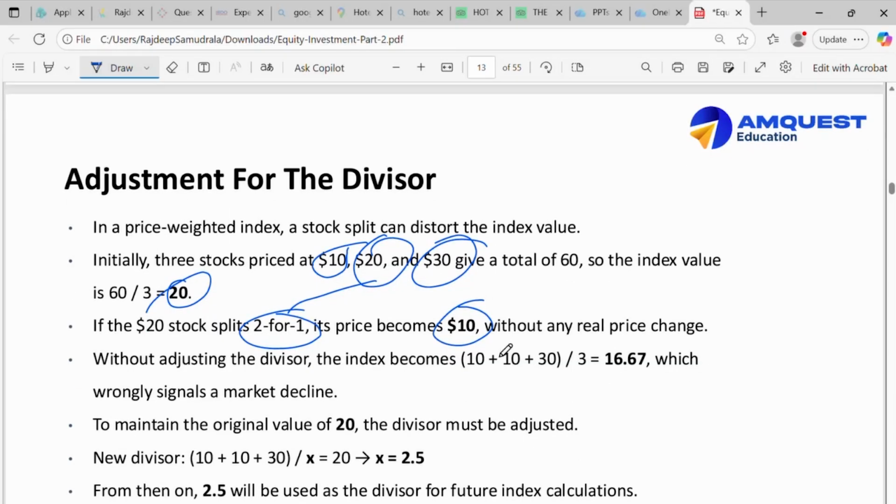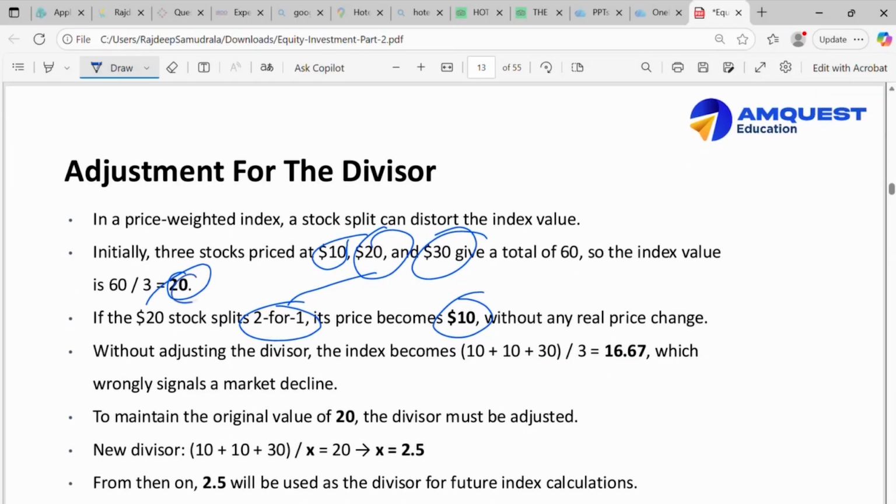Now, if you consider, oh, it's come to 10, you'll find out that 20 has now become 16, which is wrong because it became 16 not because of the value fall, but because of the split. So what you'll do, you'll try to change the denominator. You used 3 in the denominator earlier. You will say, let me do one thing.